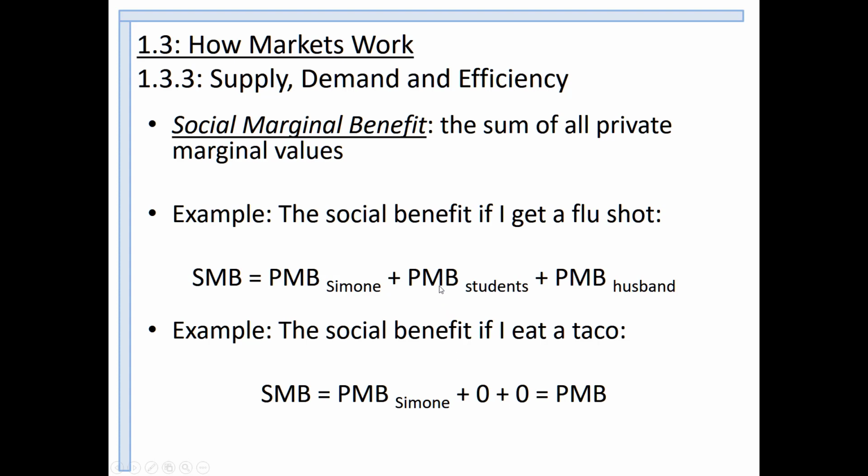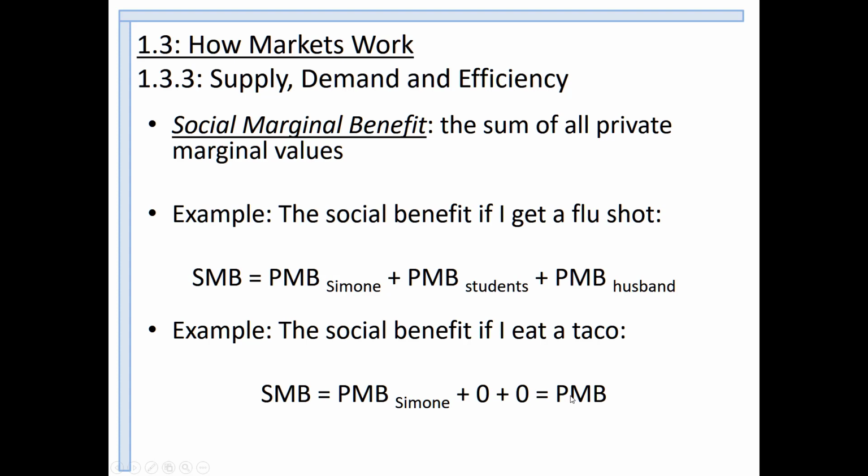So the student's private marginal value of me eating a taco is 0. My husband also cannot enjoy the taco that I eat, so his private marginal value when I eat a taco is also 0. What you see here is that in this case, the social marginal benefit is just my private marginal benefit.